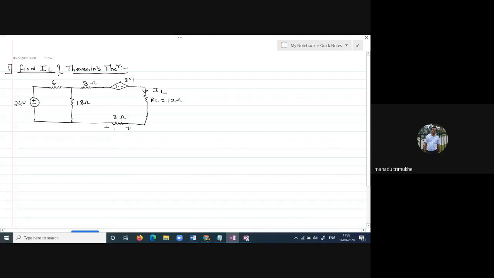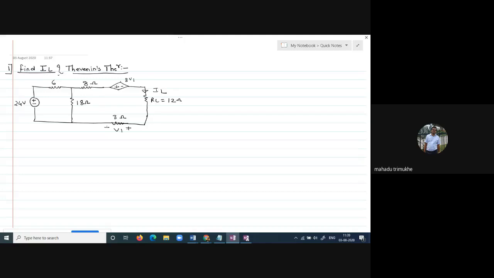Negative, positive. In this electrical network, we have two sources, right? One is an independent source, the 24 volt, and another is a dependent source, 3V1. That is a voltage controlled voltage source. V1 is your controlling parameter in this electrical network, right?